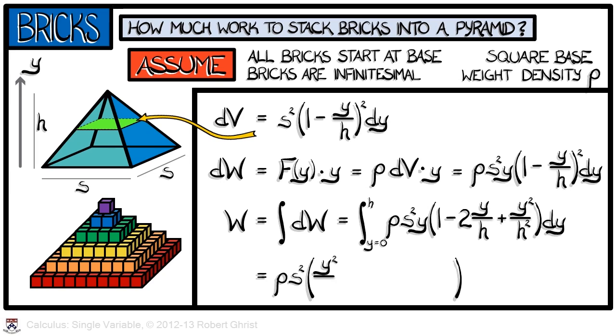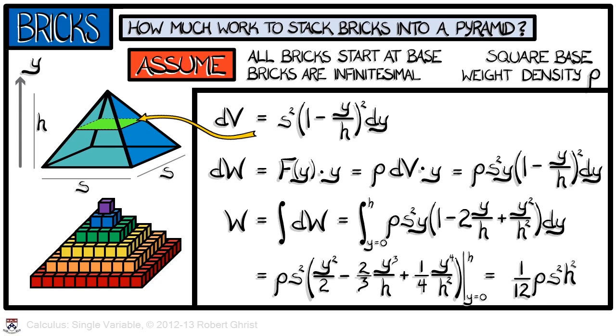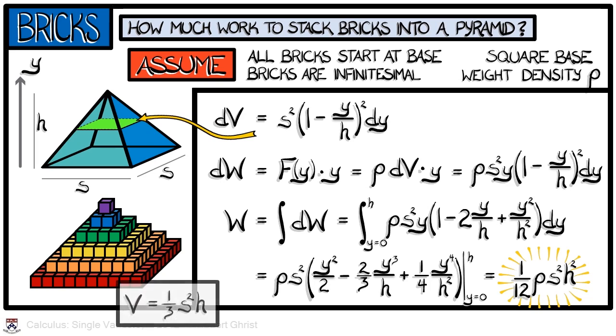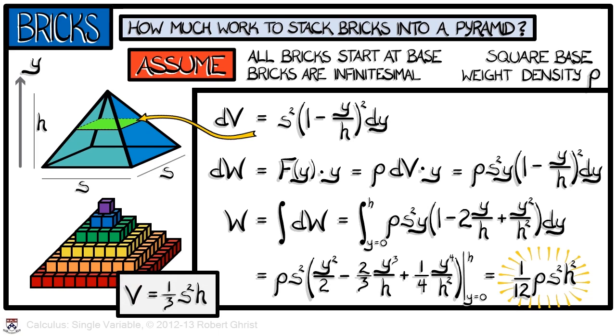That's a simple polynomial integral that gives us, in the end, rho times s squared times h squared times 1/2 minus 2/3 plus 1/4. That is, with a little arithmetic, 1/12 rho s squared h squared. If you compare that to the volume of the pyramid, you see that it's 1/4 the volume times h.